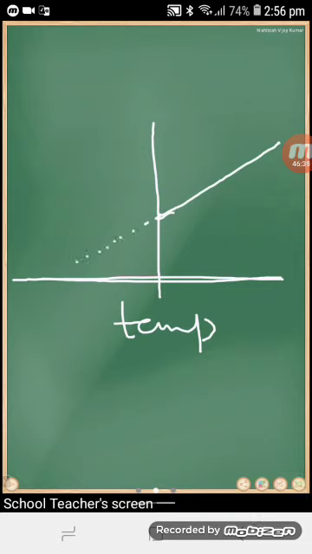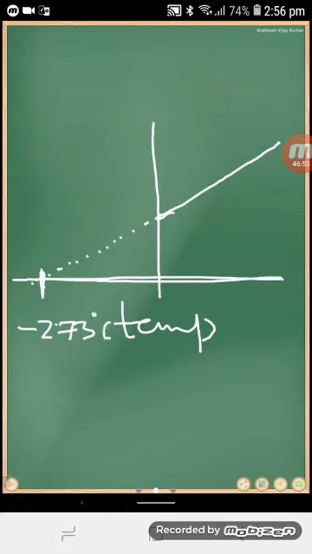Now when you start moving the graph towards the negative side, this is the point which we get as minus 273 degrees centigrade. If the graph touches this point, it means the velocity at this point becomes zero, or the kinetic energy becomes zero.